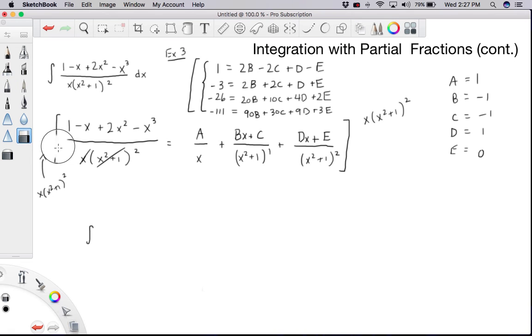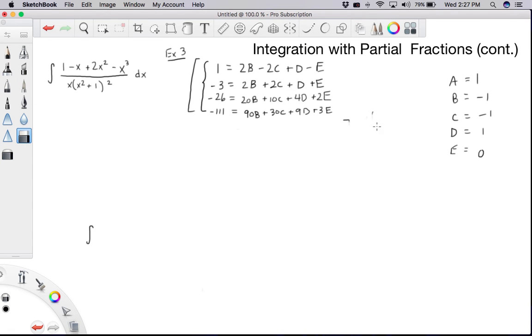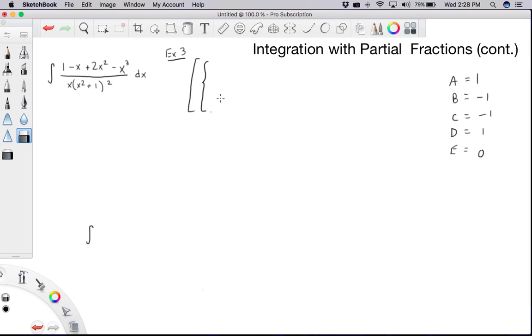So, our original integral, I'm going to erase some of this too. No, we don't really need it anymore. So our original integral can now be written as the sum of three pieces.